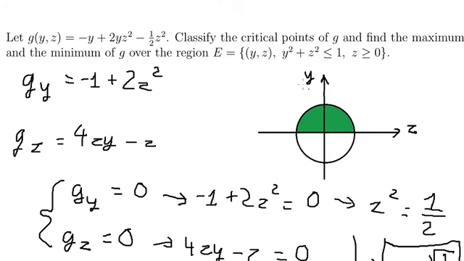Because that is a circle, I can put y equal to cosine theta, z equal to sine theta. Now we need to transform this one into like this.